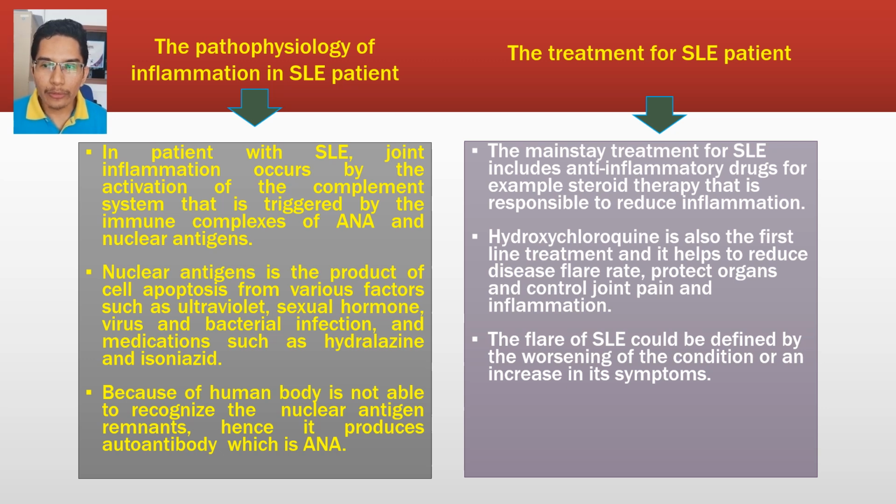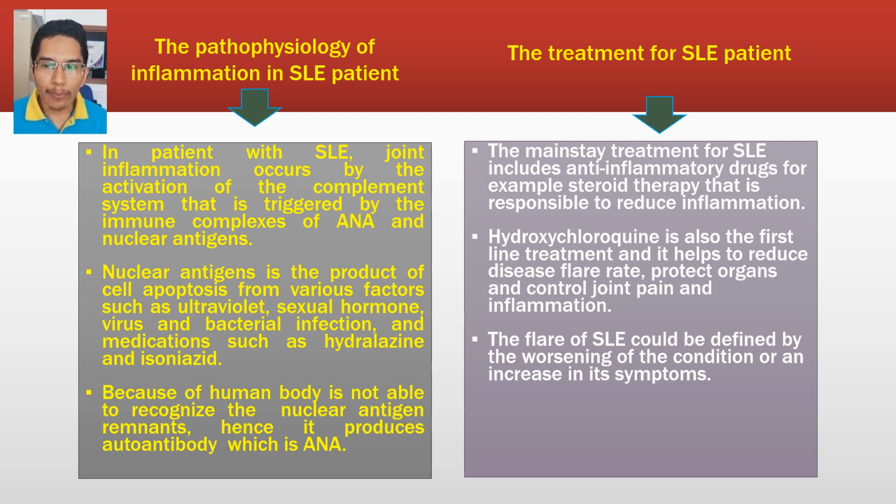For the pathophysiology of inflammation in SLE patients, joint inflammation occurs by the activation of the complement system that is triggered by the immune complexes of ANA and nuclear antigen.